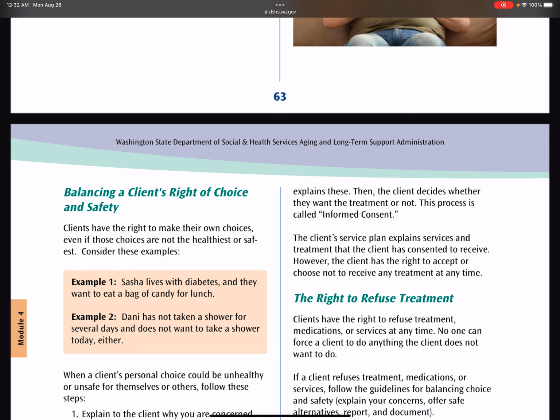First, we explain to the client why we are concerned. Second, offer a safe alternative for this client. If this person still doesn't like the safe alternative, you need to report the concern to the appropriate person in your care. And finally, all the time you have to document your concerns.